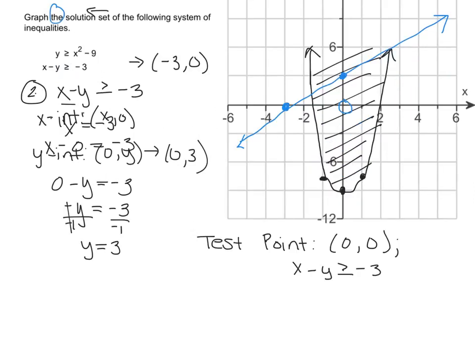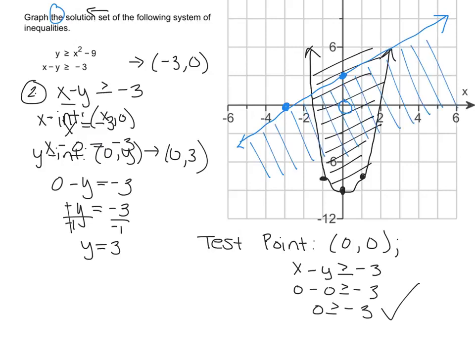That means I'll substitute a 0 for x and a 0 for y into the original inequality, and I get 0 minus 0 is greater than or equal to negative 3, which is 0 is greater than or equal to negative 3. That is a true statement, so that means 0, 0 is going to be included in my shading. So I'll shade beneath the line to include that point.